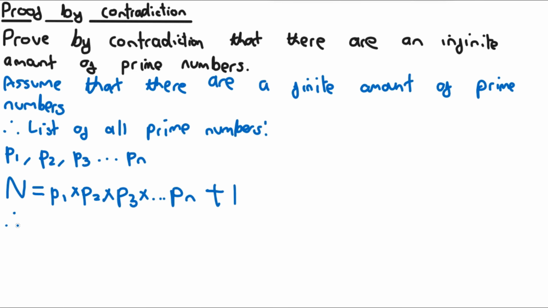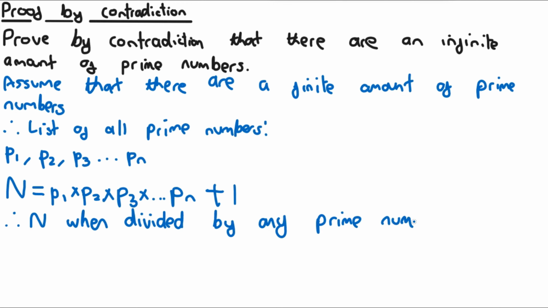Well, therefore, n, when divided by any prime number, has a remainder of 1. So let's step back for a second and see what we're saying.